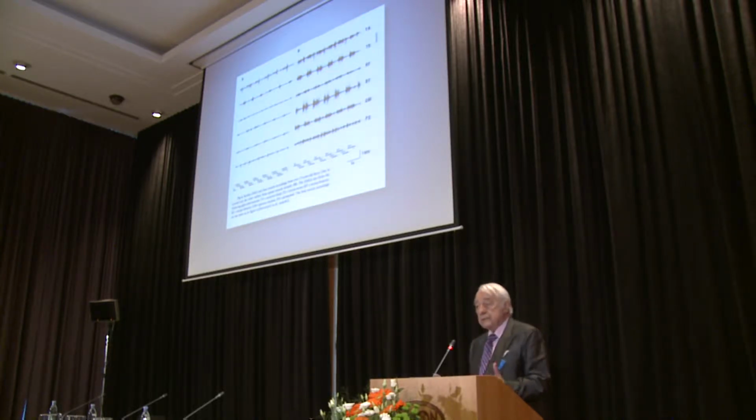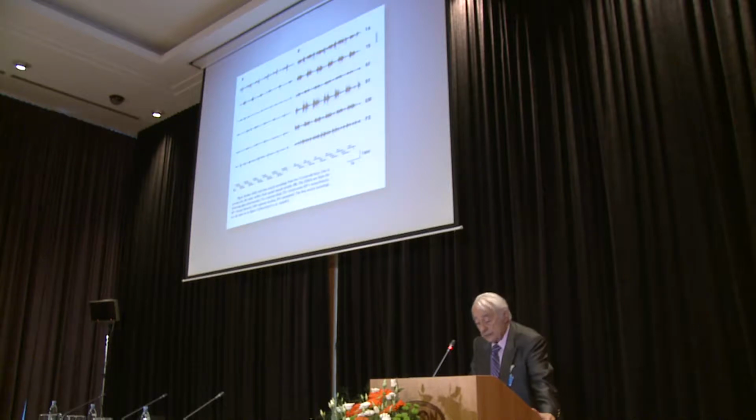And this slide is showing, under A, a so-called healthy person with an intact nervous system and muscles, and B is showing a person with muscular dystrophy. If you look down at the bottom, time is 1 second, and amplitude is 1 millivolt.